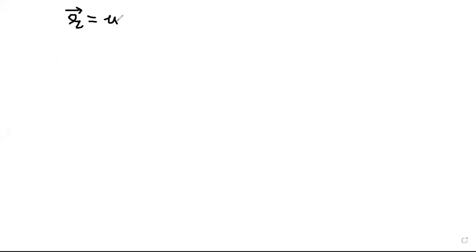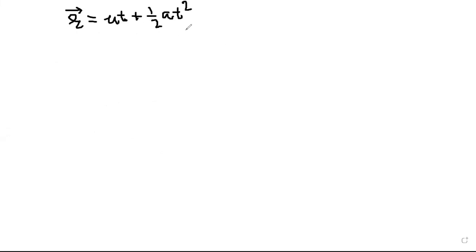S is equal to ut plus half a t square. But here position vector is given, so 1 by 2 a t square. According to position vector, we use here r.